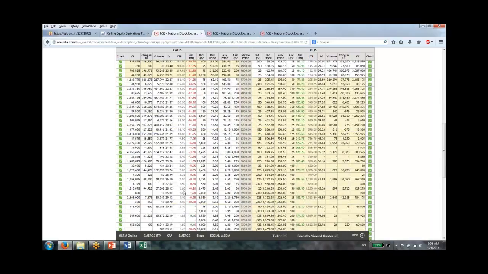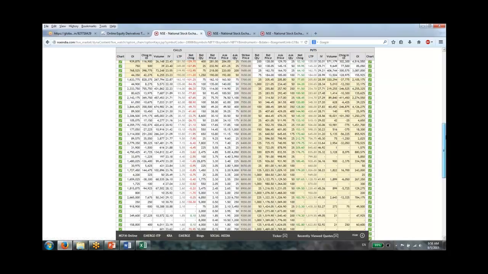The more out of the money you go, the less the delta becomes, the less exposure you have, the less sensitivity you have to the underlying asset. So something like the 8,600 strike price call option has a delta much below 0.2, or 0.1 something. So that means your exposure to the underlying asset is extremely little.